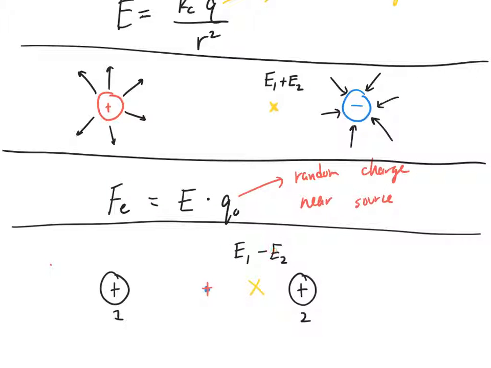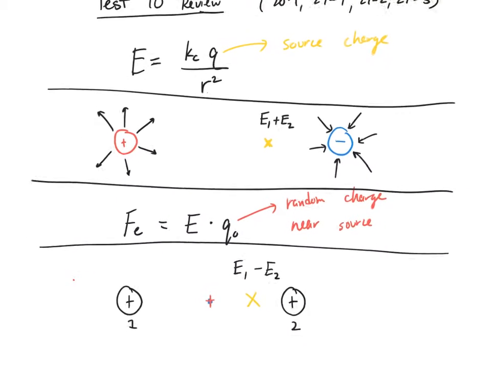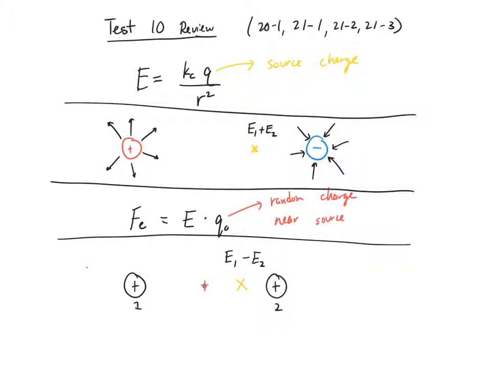But in this location, one's pushing right, one's pushing left, so there's a difference. So if I want to find the overall electric field at any point, I have to use this idea of superposition. Now, again, Sydney asked the question before, but I'll reiterate it.